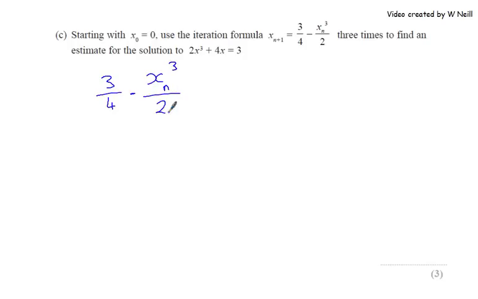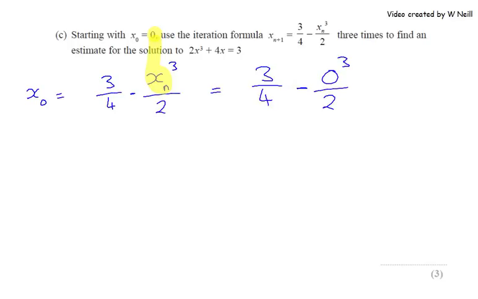Now they want you to take the first one, so this is when x is 0. So for the first one, they want you to plug this 0 in here for that. And that will leave you with 3/4 minus 0 cubed over 2.